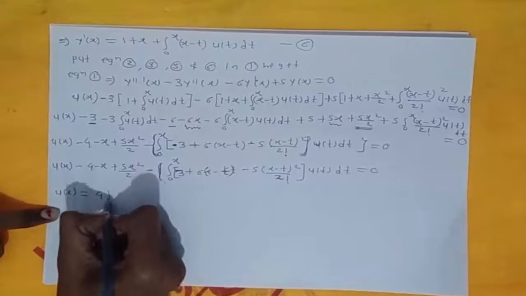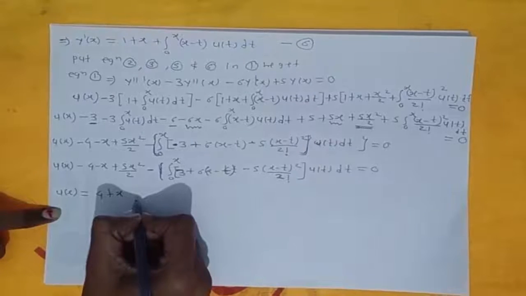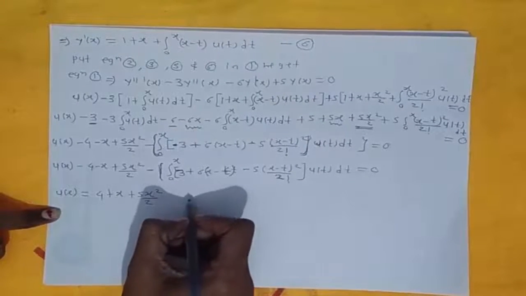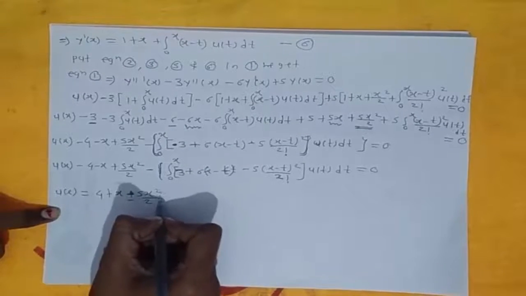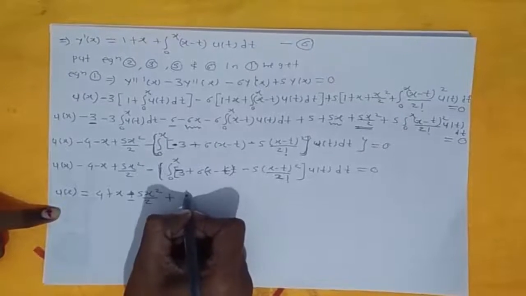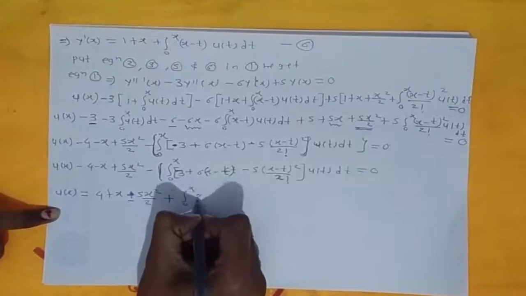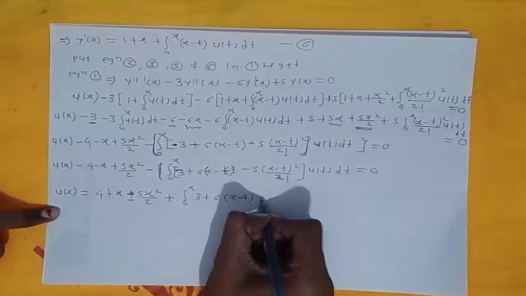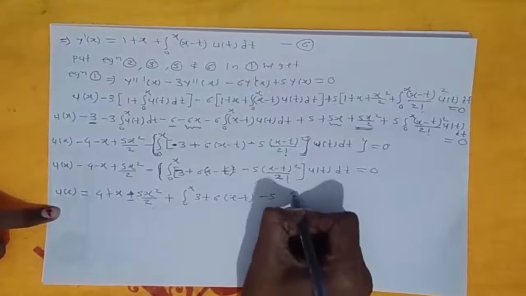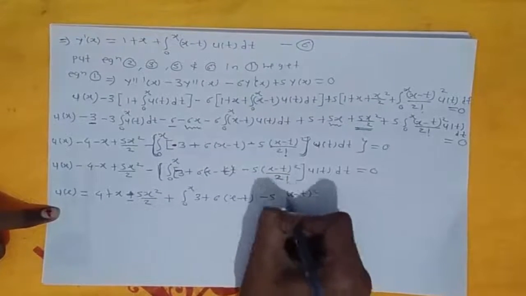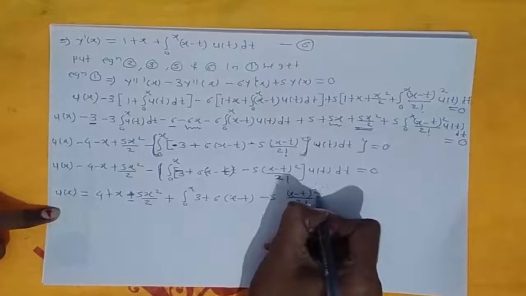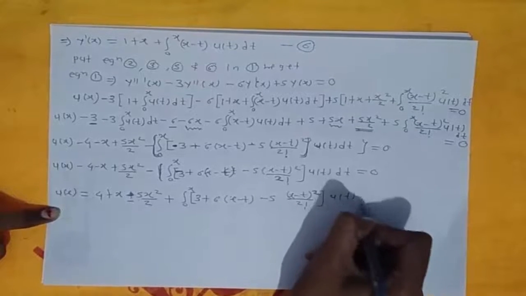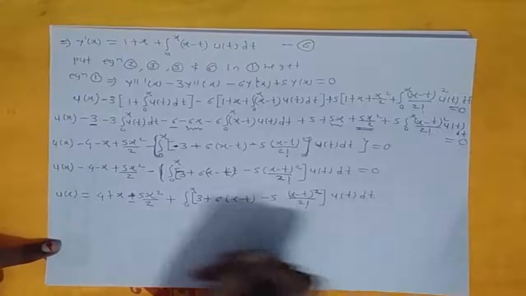We get 4 plus x plus 5x square divided by 2 will be minus 5x square divided by 2 plus, here 0 to x, 3 plus 6(x minus t) in bracket minus 5(x minus t) bracket square divided by 2 factorial into u of t dt.